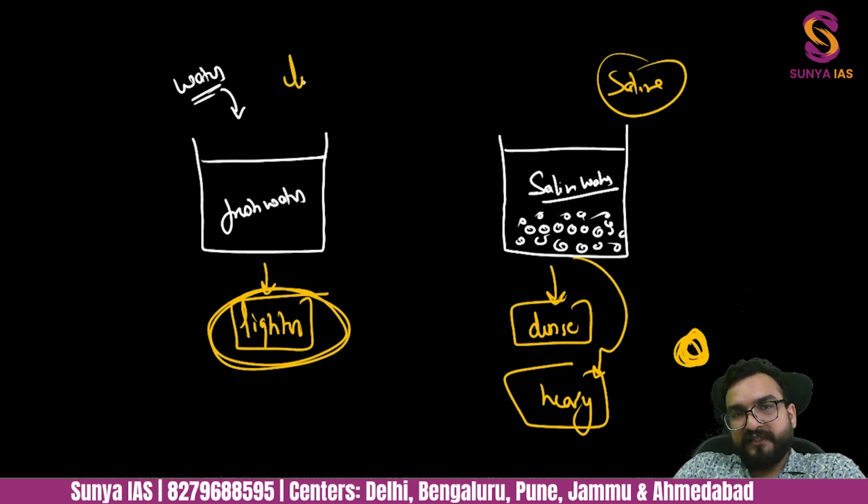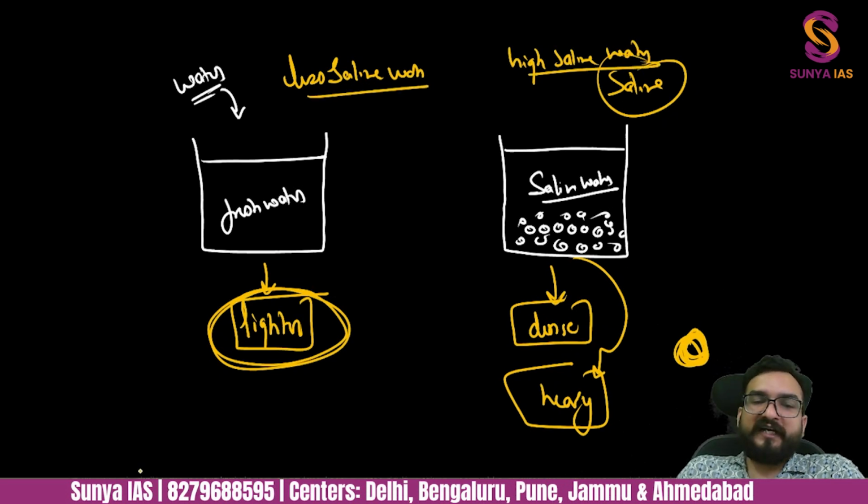So this is less saline water. This is dense or high saline water. Automatically you will see a gradient is developed. So if I ask you, movement of water should happen from where to where?